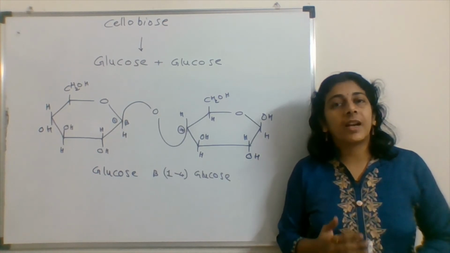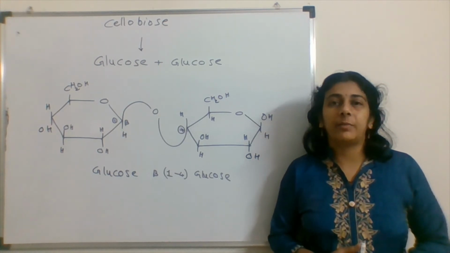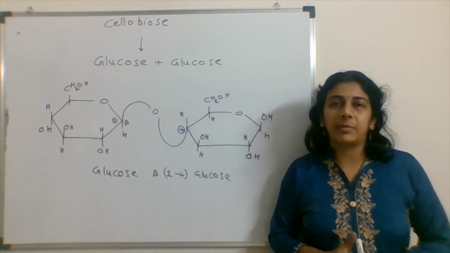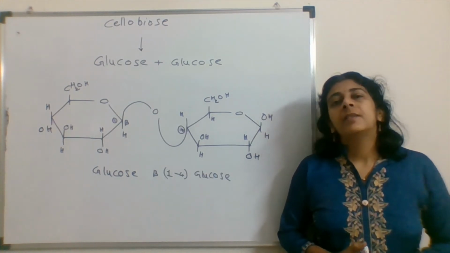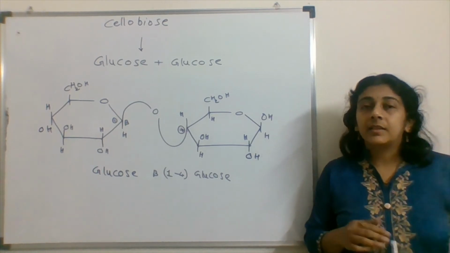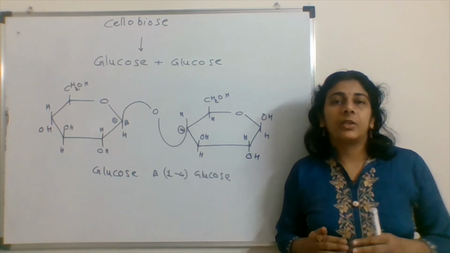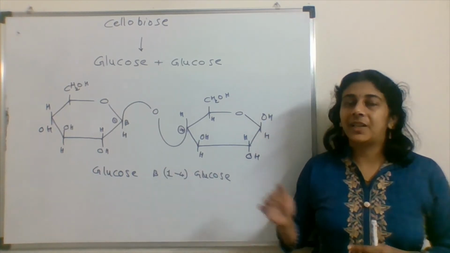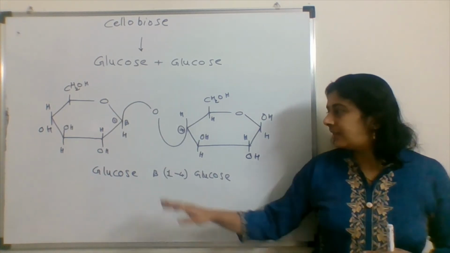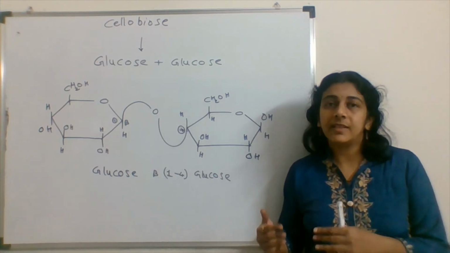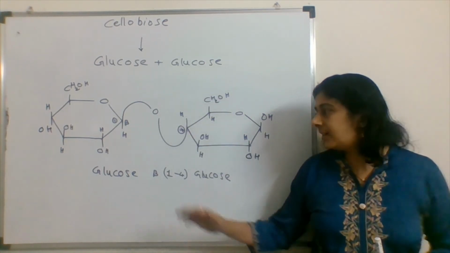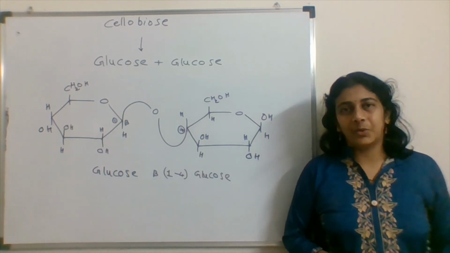And galactose is the C4 epimer of glucose, we can say. So here the linkage in case of lactose and cellobiose is the same, that is beta 1,4, but the monosaccharides used in case of lactose are glucose and galactose, whereas in case of cellobiose it is glucose and glucose.